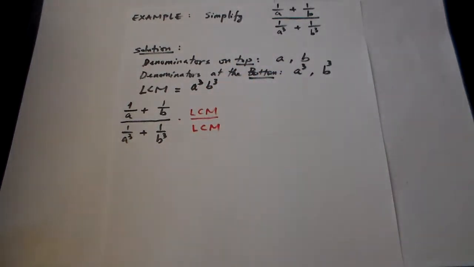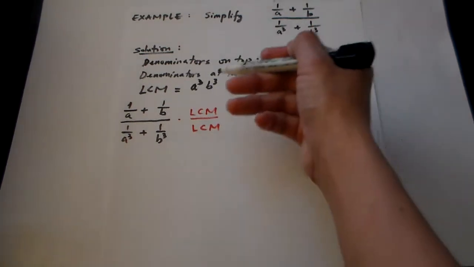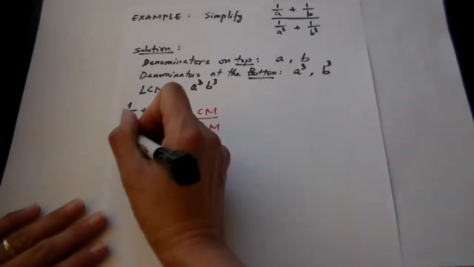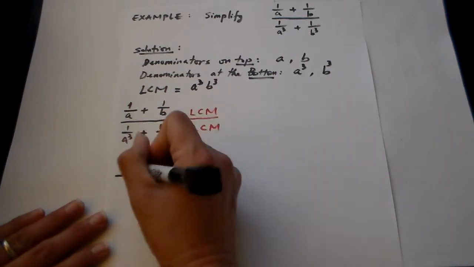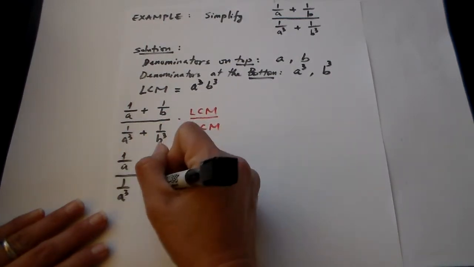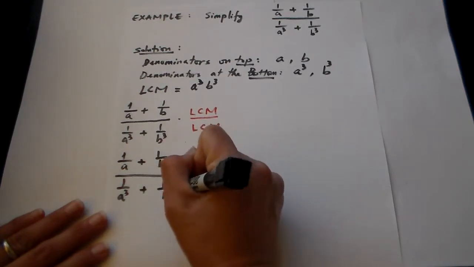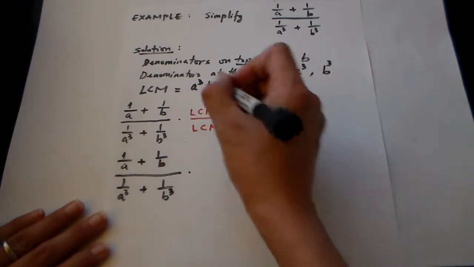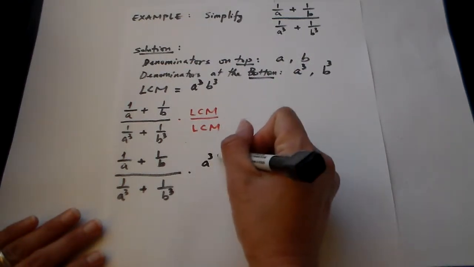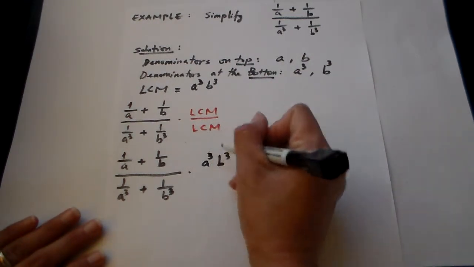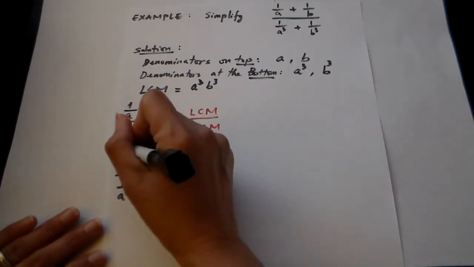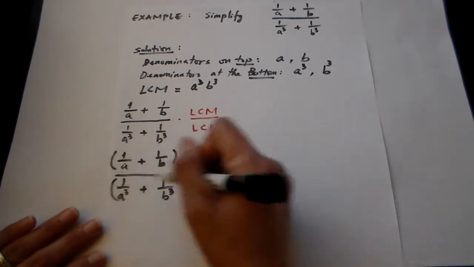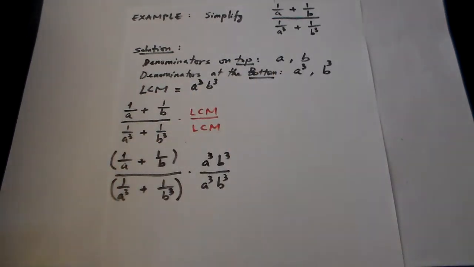Now I'll replace the LCM with a to the third, b to the third. If you want, you can put parentheses here just to make it easier to follow.